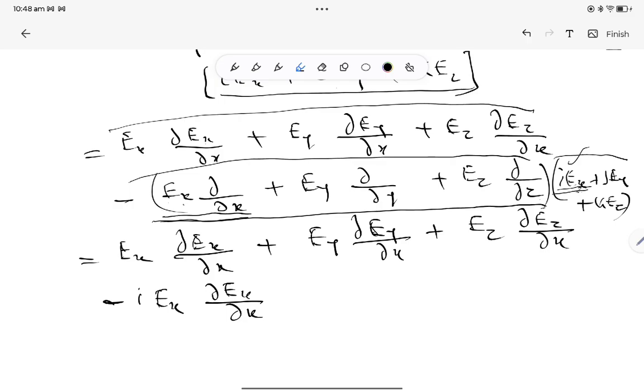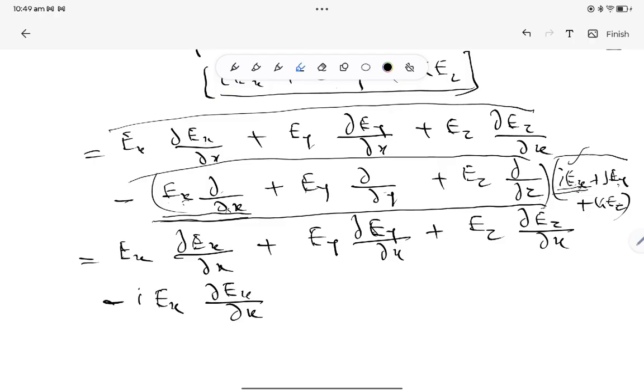Which other terms will have i? When you multiply ex del by del x with this term, you will get a j term. When you multiply ex del by del x with this term, you get a k term. Those are not what I am looking for. I am looking only for i terms. Now come to this. When you multiply this with this, you will get another i term.